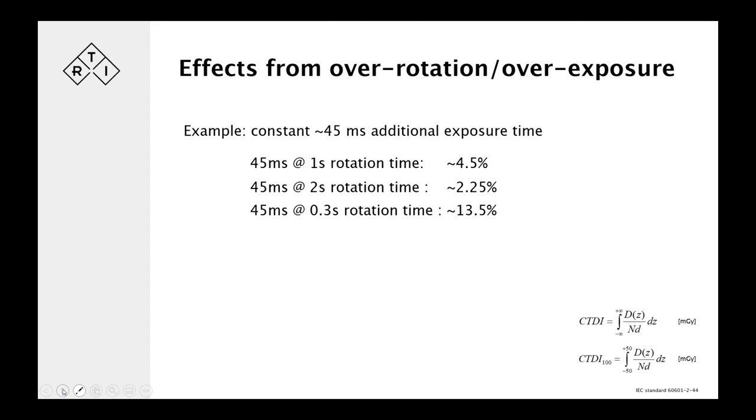So if we know about it, that's fine, but if we're unaware, this introduces uncertainties in the data that we collect. And if we do one check using one rotation time, and come back 6 months later and do it again with another rotation time, we might find that the data doesn't match. If we're unaware of this 45 millisecond additional time, we might have a problem, and data that don't really correlate.